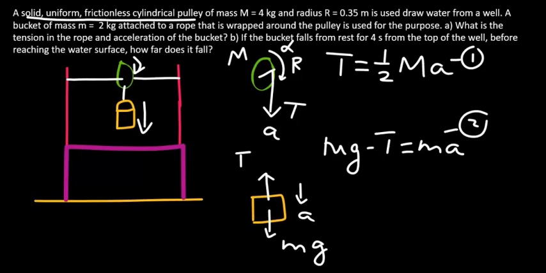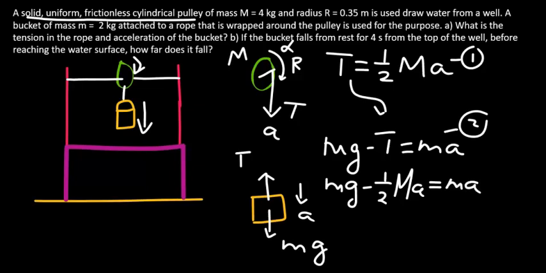Substituting tension from 1 inside of 2, you get little m times g minus half capital M times a equals little m times a. So you can get the acceleration. The acceleration is little m times gravity over little m plus half capital M. Little m is 2 kg, capital M is 4 kg.